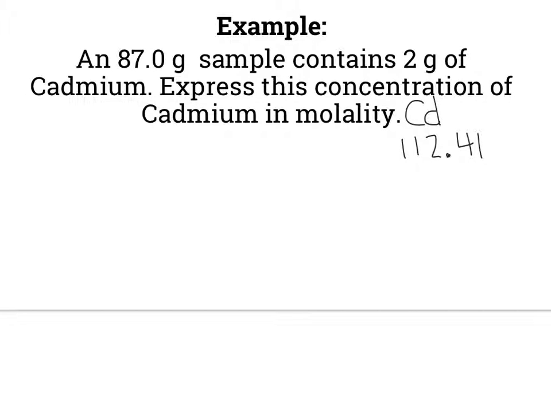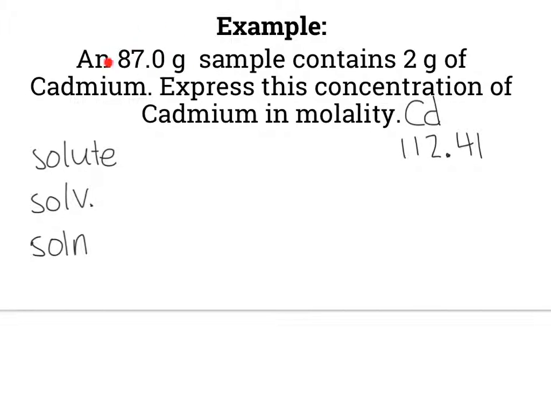All right, welcome back. Our solute in this case, well, we'll figure that out in a second. We're just going to need to know our solute, our solvent, and our solution. So we have an 87-gram sample that contains 2 grams of cadmium, and we're finding that in molality.